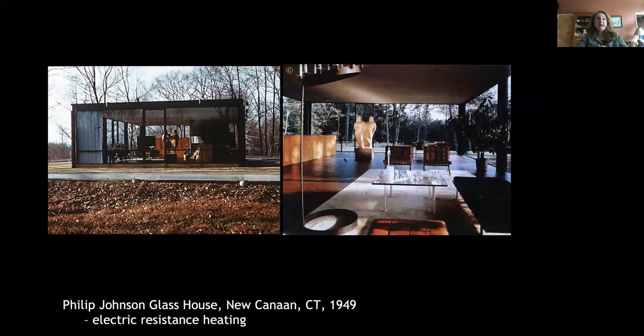The way he heated it is to have electric resistance heating in both the floor and the ceiling. He didn't want anything along the outside walls the way Frank Lloyd Wright did. And so you have these warm floors and warm ceilings, but then you have very cold walls. So in this case, there'd be a huge radiant asymmetry and probably a lot of drafts.